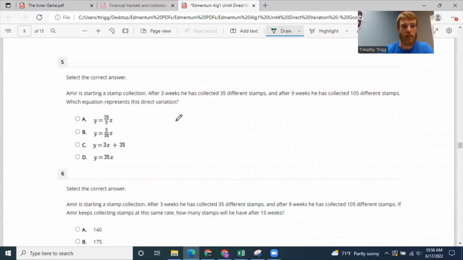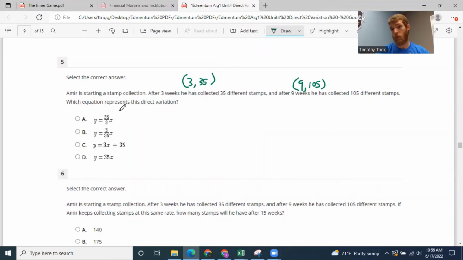Amir is starting a stamp collection. After 3 weeks, he has collected 35 different stamps. So 3 weeks, 35 stamps for Amir. After 9 weeks, he has collected 105 stamps. So 9 weeks, 105 stamps. Which equation represents the direct variation?